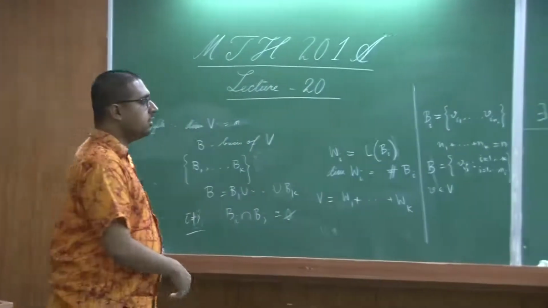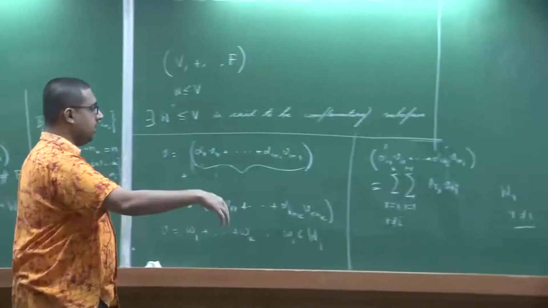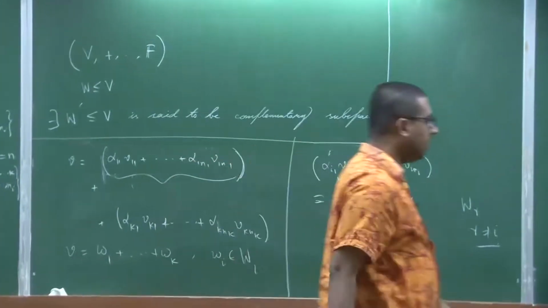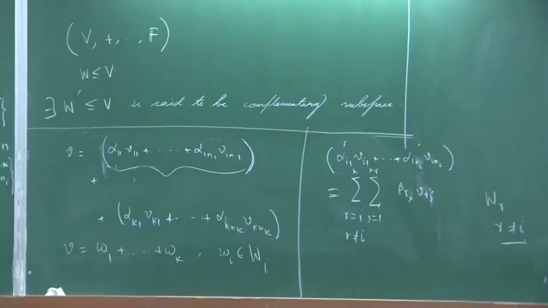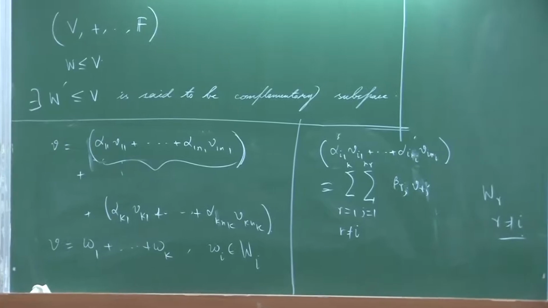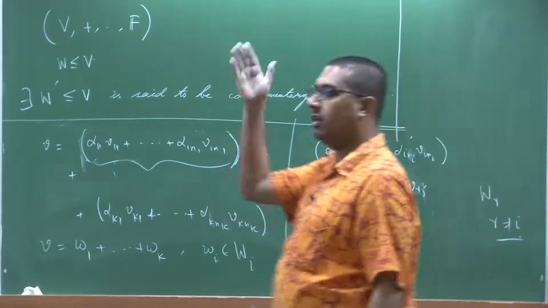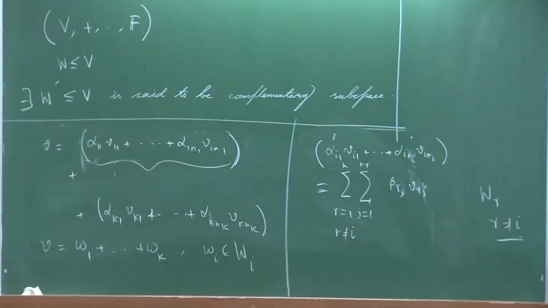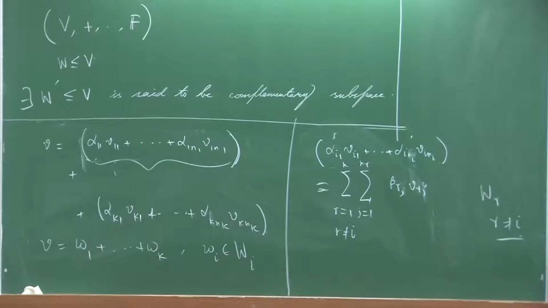That gives us an example of a direct sum of subspaces: starting with a basis, you chop that basis into as many pieces as you want, and corresponding to each piece you get a subspace whose sum will be direct. So, what have we seen?